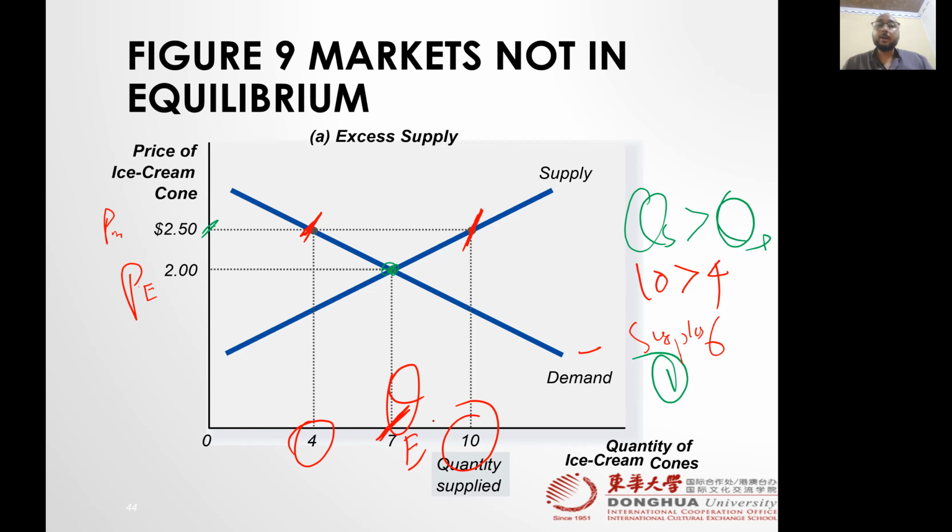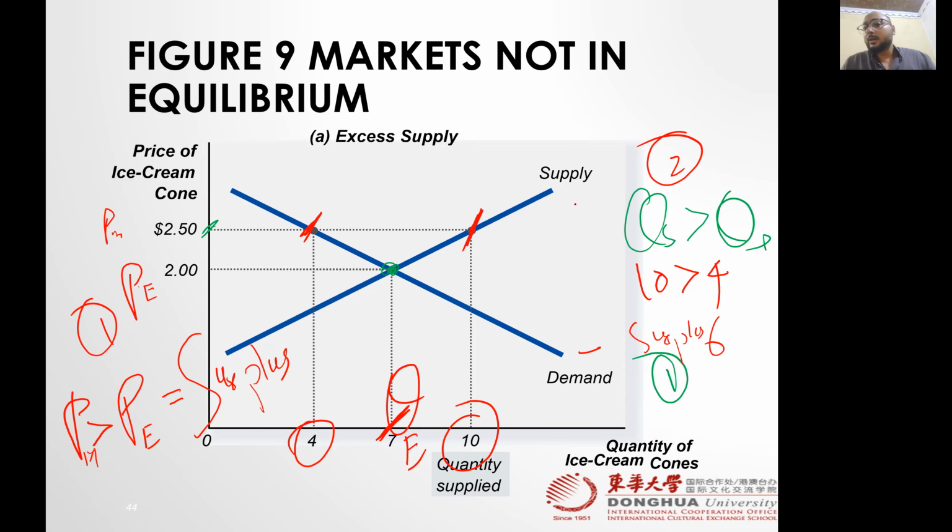Remember, whenever market price is greater than equilibrium price, we have surplus. That is one definition. Second definition, when quantity supplied in the market is greater than quantity demanded, we have a surplus situation. Understand? So we have two definitions of surplus, and both are acceptable.